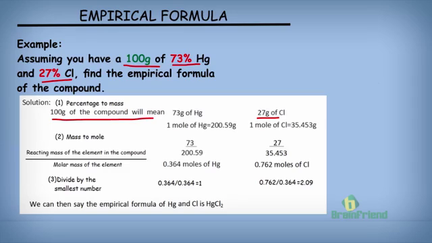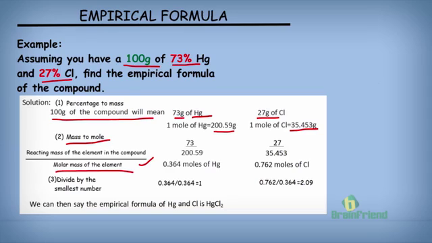Then we also have to take note of the moles of the given elements. 1 mole of mercury is 200.59 grams, if you use your periodic table, and 1 mole of chlorine is 35.453 grams. So the next step is to convert this mass to mole. We say reactive mass of the element in a compound over the molar mass of the element.